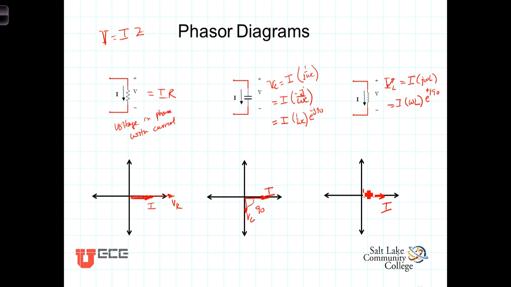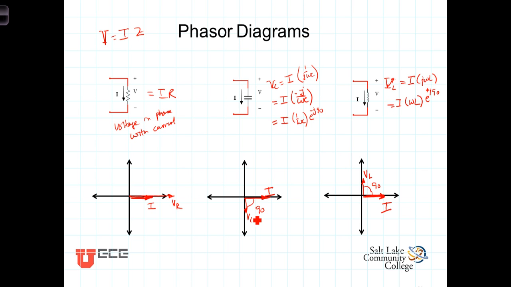Then V sub L will be 90 degrees ahead of phasor I. So we say that the current lags the voltage in an inductor, or the voltage leads the current in an inductor.